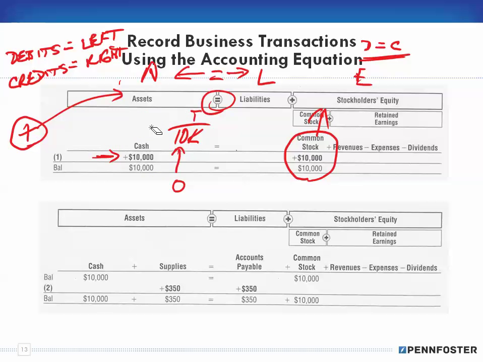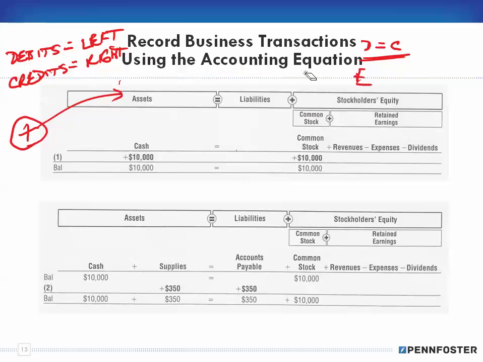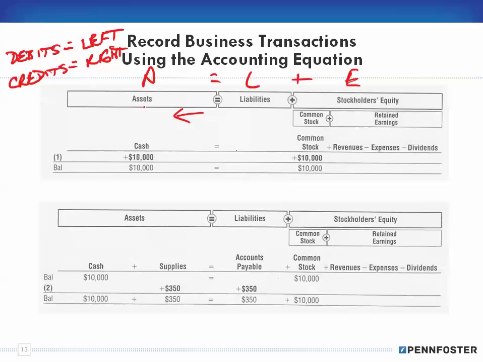The easy way to remember this, as I said, is to look at the accounting equation here and see that assets equals liabilities plus equity. Well, what's on the left-hand side of the equal sign? Assets. What's the definition of a debit? What's on the left? So we know that whenever we're increasing our asset accounts, we're always going to be debiting it. That's going to increase our asset accounts.